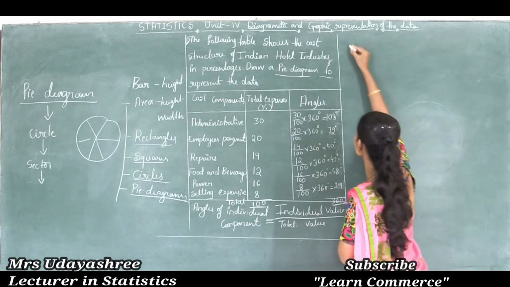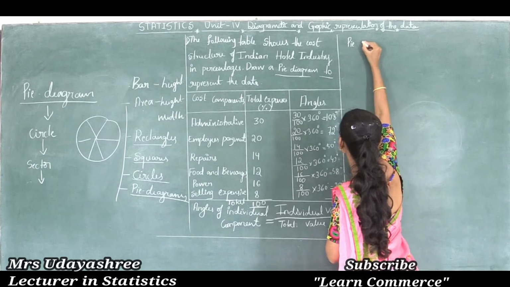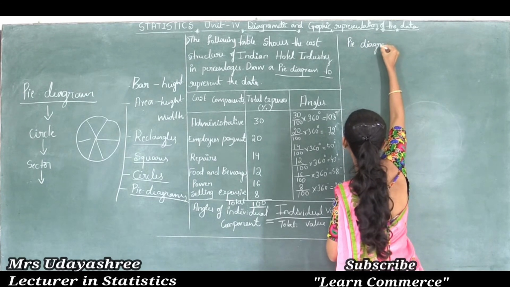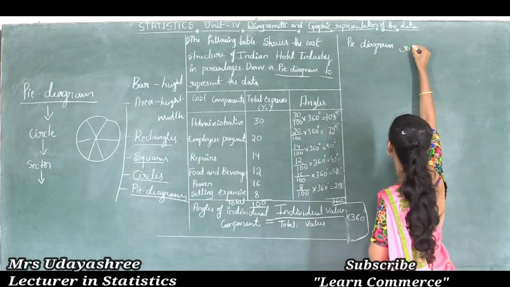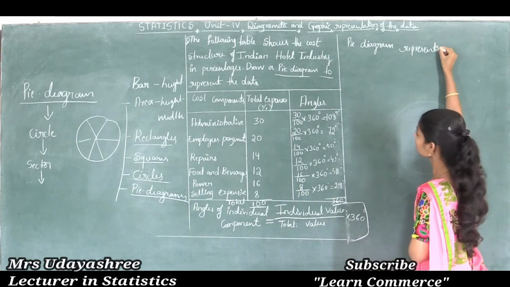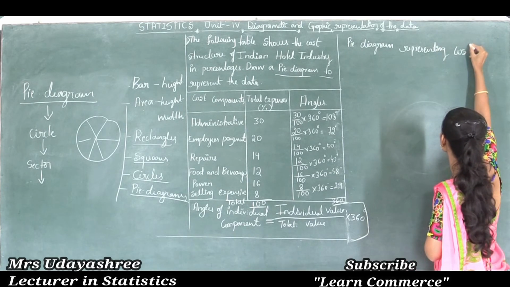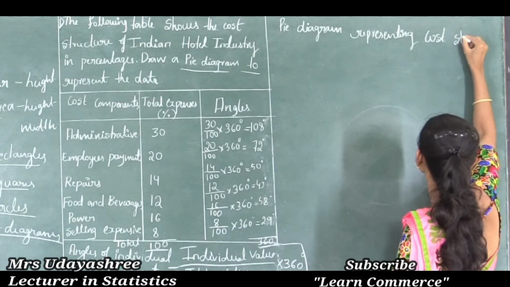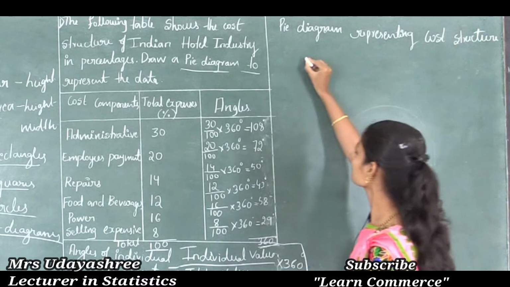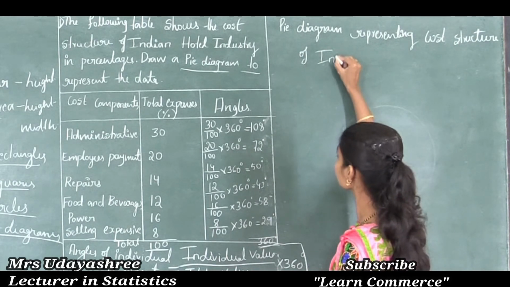So here the title is pie diagram representing cost structure of Indian hotel industry.